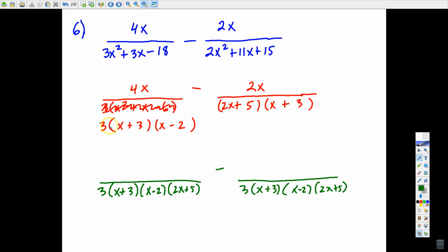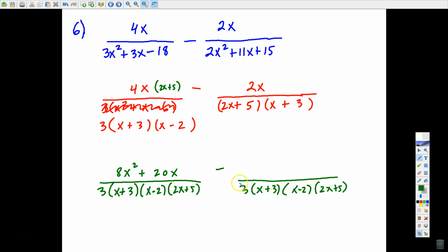All right, so let's take our red factored original denominator, divide into the common denominator, and do you notice everything cancels except for this 2x plus 5. So 2x plus 5 needs to multiply by 4x, and that's going to be 8x squared plus 20x. All right, over here, 2x plus 5 cancels, x plus 3 cancels.